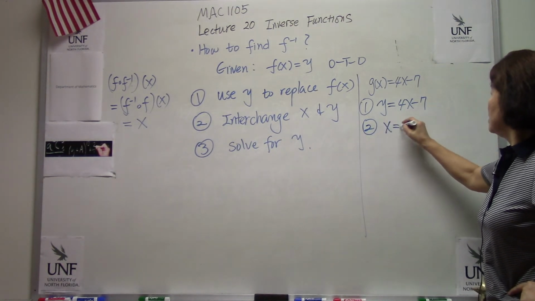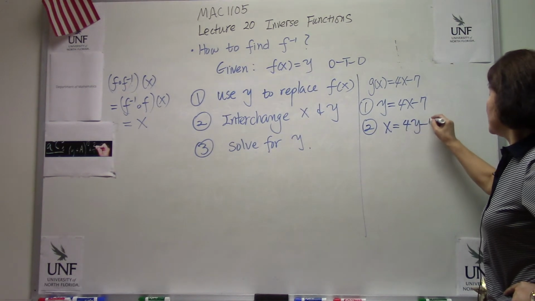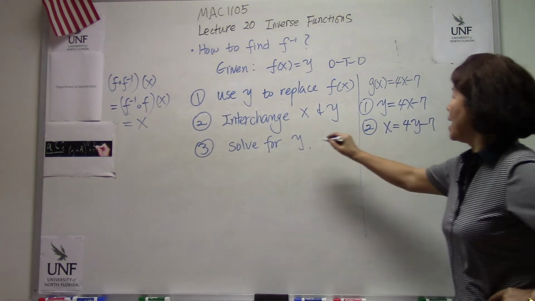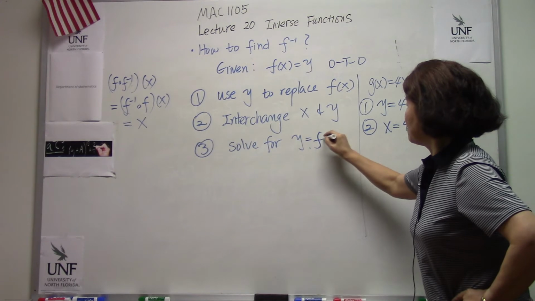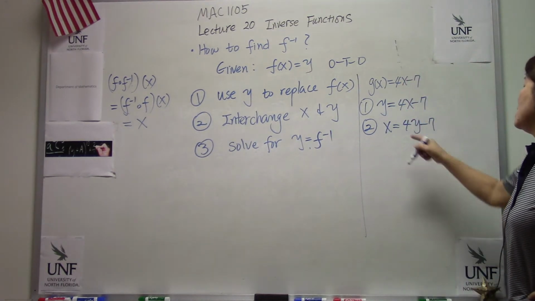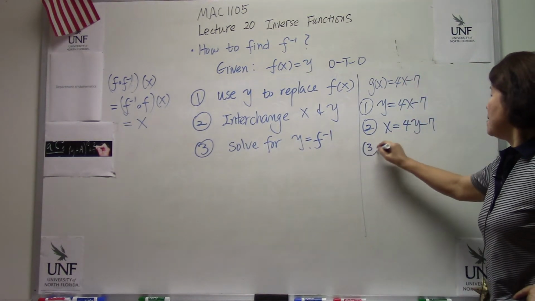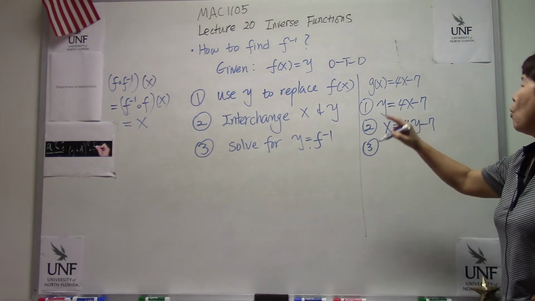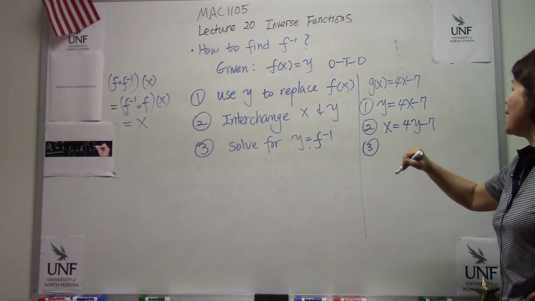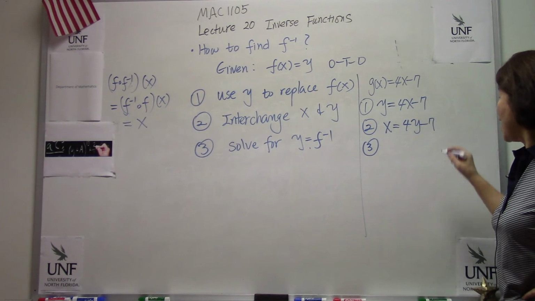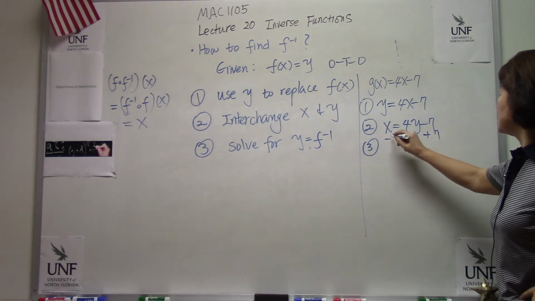x equals 4y minus 7. And this, you call it f inverse. And the third step is solve for y. We need to leave y by itself, so add 7 to both sides.